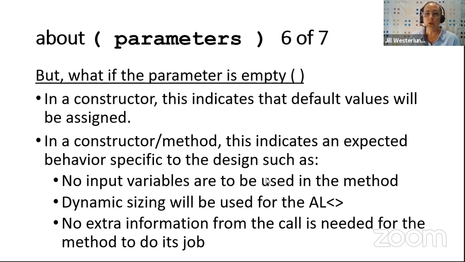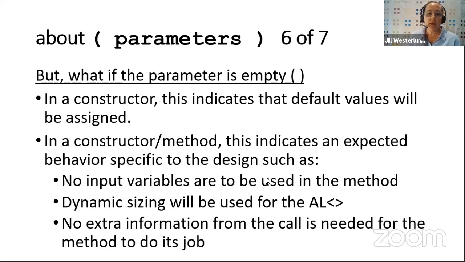Sometimes we see nothing in empty parentheses if there are no inputs into a method. In the case of an ArrayList, and I'm going to talk to you about dynamic sizing today, when you construct an ArrayList, if you leave the parameters empty, it means we can make that list as large or small as we want it to be.